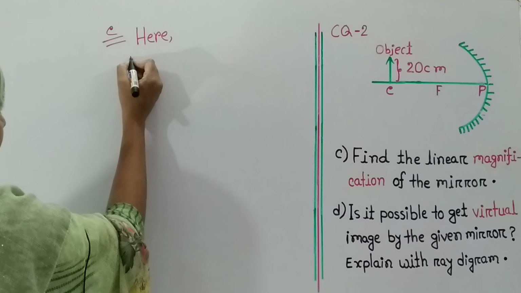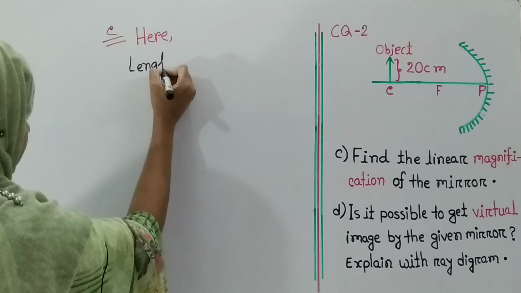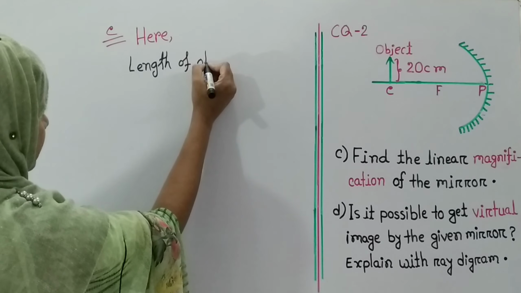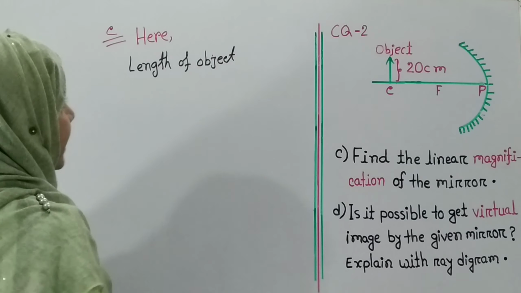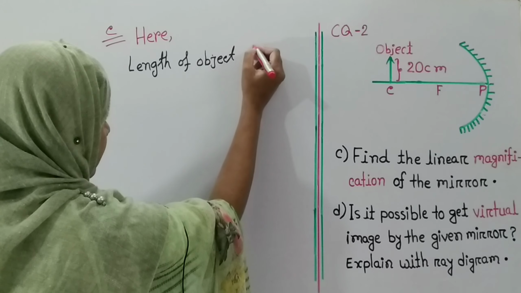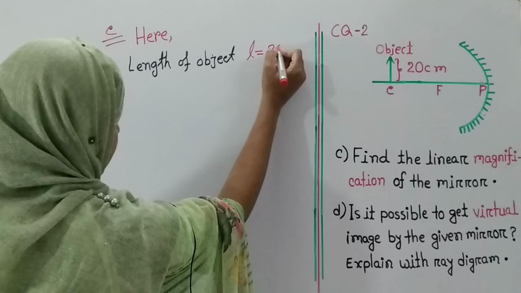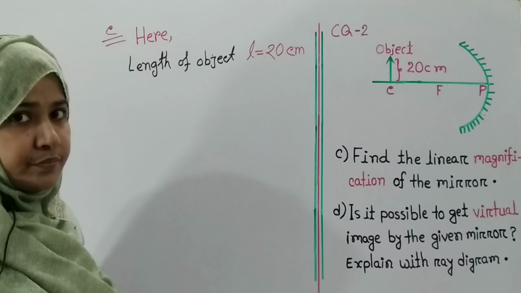length of object, denoted by L, equals 20 centimeter.